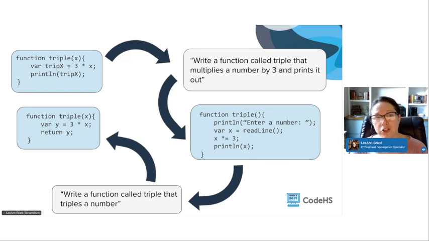So they're first interpreting it, breaking it down, and figuring out what the result of it is. If the first person says, write a function called triple that multiplies a number by 3 and prints it out, that's what they interpreted this code to do.